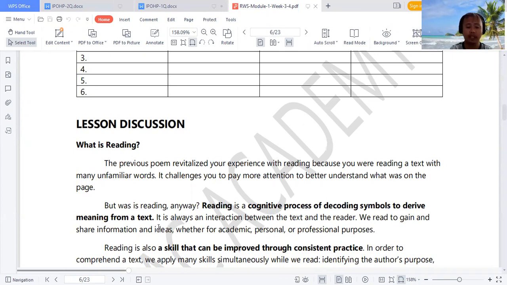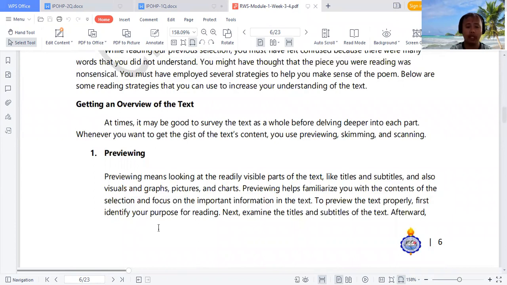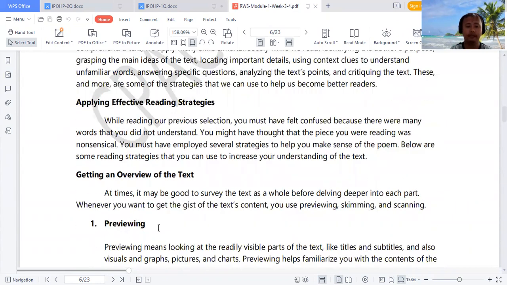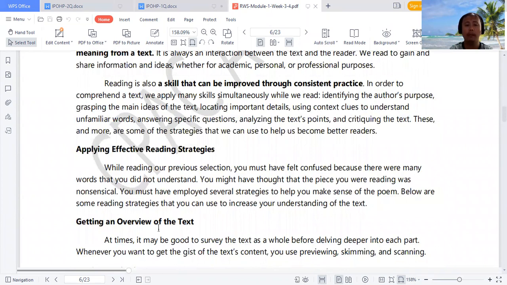In order to comprehend a text, we apply many skills simultaneously while we read: identifying the author's purpose, grasping the main ideas of the text, locating important details, using context clues to understand unfamiliar words, answering specific questions, analyzing the text points, and critiquing the text.